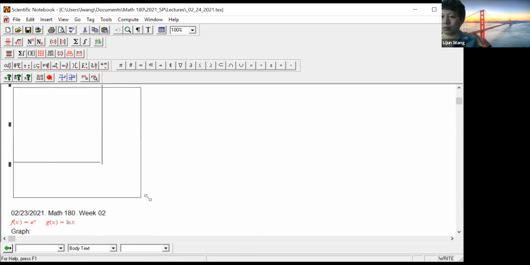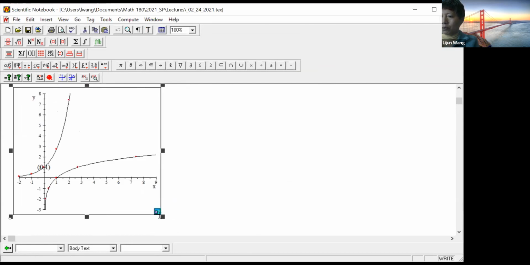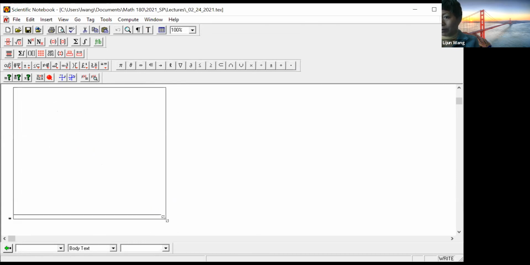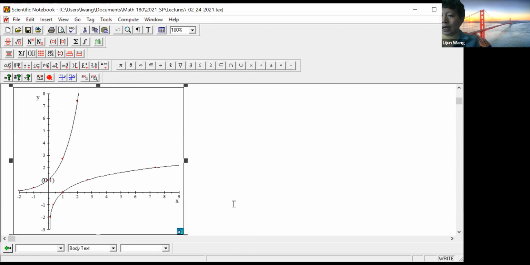I want to show you exactly how I want you to mark the points because I will do what I preach. Okay, these points are marked. -2. I'm going to make the fonts smaller.